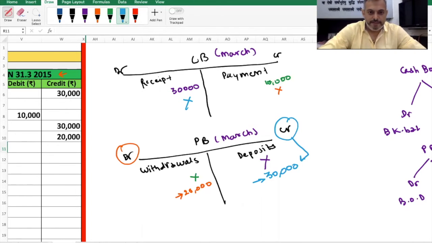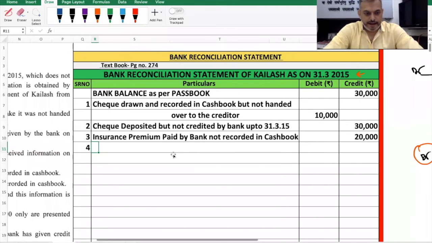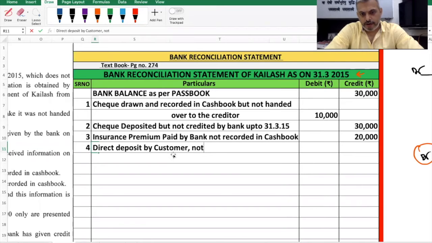So on the debit side, we have to record direct deposit by customer not recorded in cash book, 30,000.